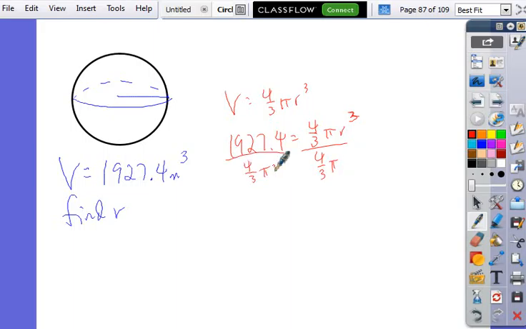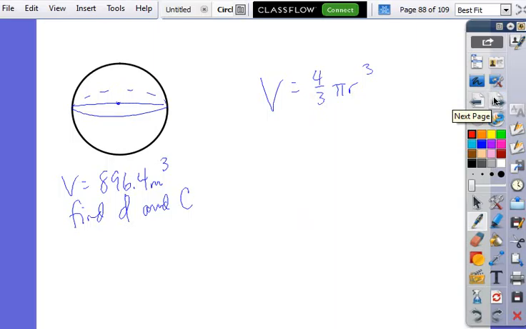And what do I get right here? 460.1. So I get 460.1 equals r cubed, but what do I have to do on this one now? Cube root. Remember how to get the cube root on the calculator? Math 4. Hit math 4 and it'll pop up the cube root. Type in your number. 7.7. All right.